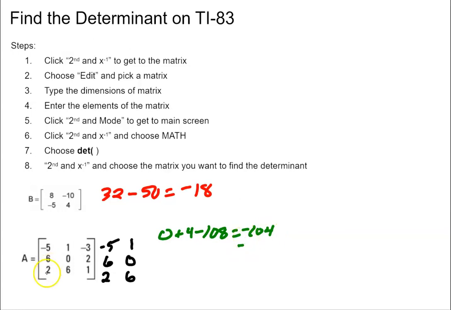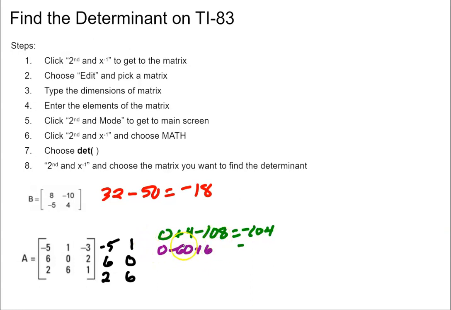From that one, we are going to subtract the other direction. So I'm going to start in the lower left-hand corner and go diagonally up. So 2 times 0 times negative 3 is 0. 6 times 2 times negative 5 is negative 60. And then I have 1 times 6 times 1, which will give us a positive 6.